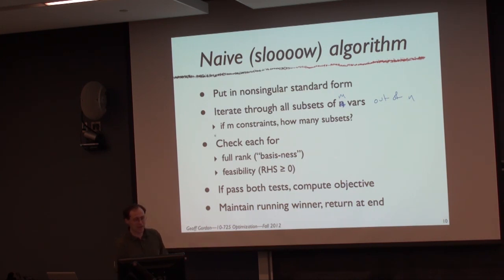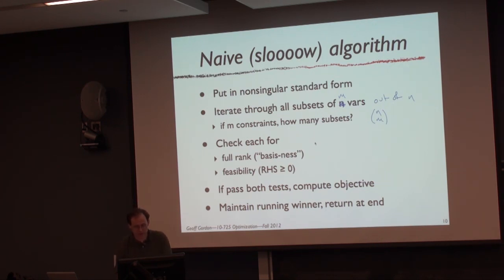That means since we have m constraints, we'll have n choose m such subsets, right? A lot, but we can iterate through them. And then we're going to check each one for being full rank, in other words, being a basis, and for feasibility, which we check by making that block of the Tableau equal to the identity matrix, and then looking at the right-hand side, right? If the right-hand side vector is all non-negative, then that's a feasible basis, right?